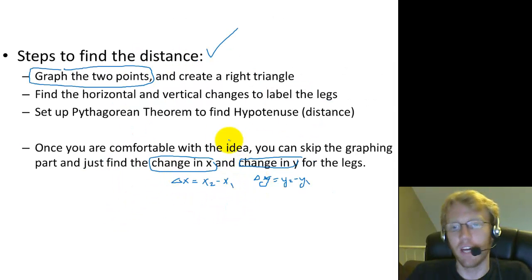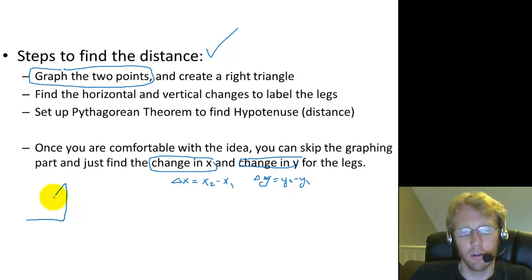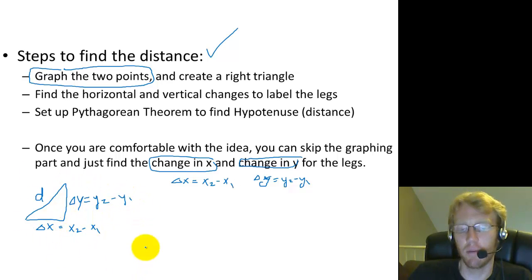So if we do that, then in our triangle this side becomes delta x, this side becomes delta y, and this side becomes d. Delta y is y2 minus y1, and delta x is x2 minus x1. Now if we plug all this into the Pythagorean Theorem, we get a squared plus b squared equals c squared.